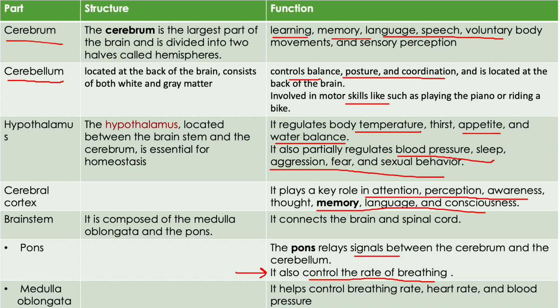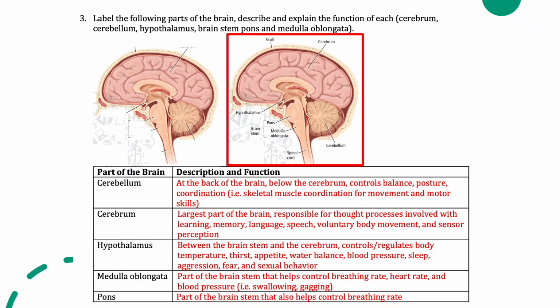And the medulla controls breathing rate, heart rate, and blood pressure. We have a question over here that you have to label the parts of the brain and then describe and explain the function of each. We have done it already. You can pause the video and go through the labeling and learn the structures more.